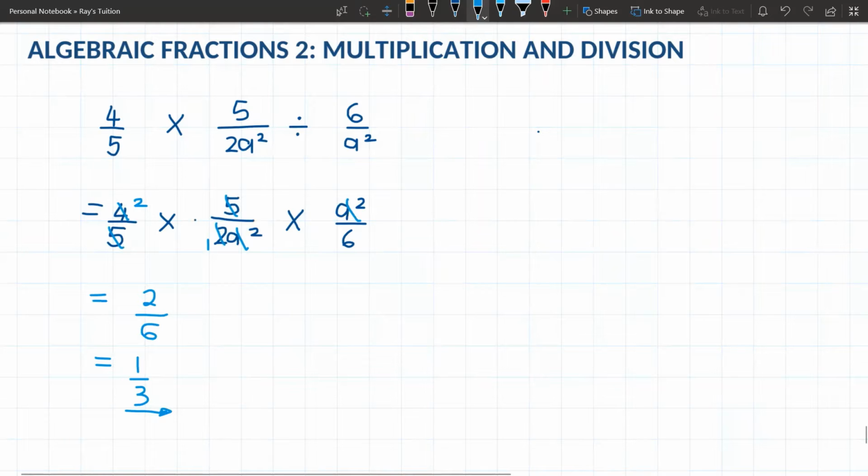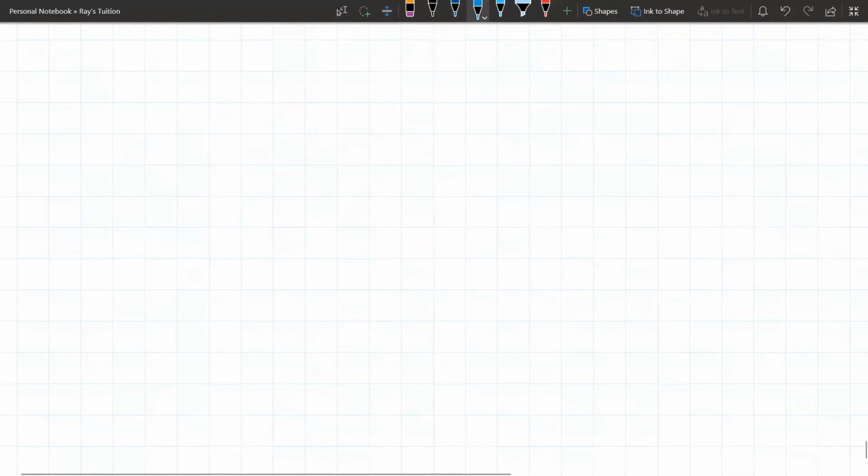Let us have a look at some examples so that we can get more practice. So the first one over here is 12p cubed over q cubed divided by p squared over q squared divided by 4p over q.